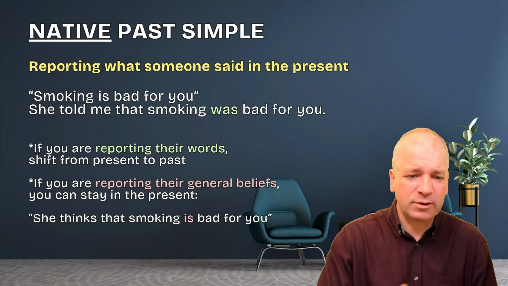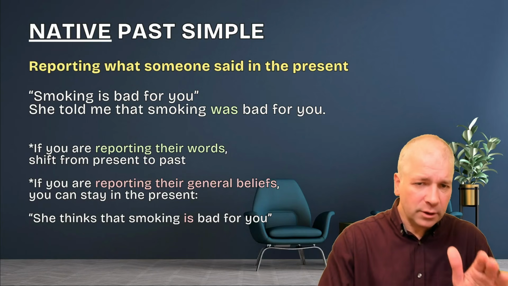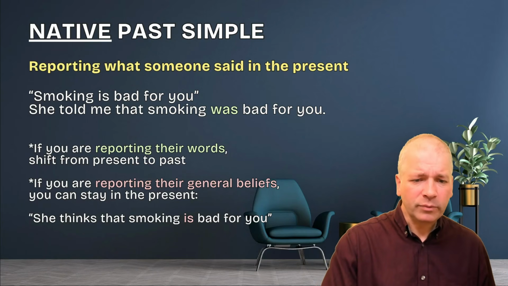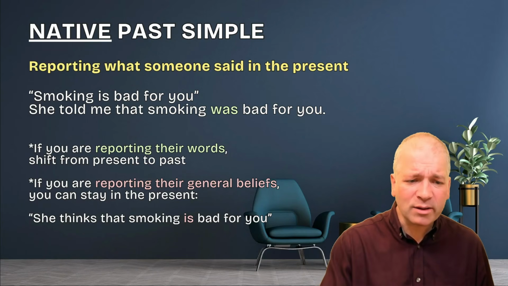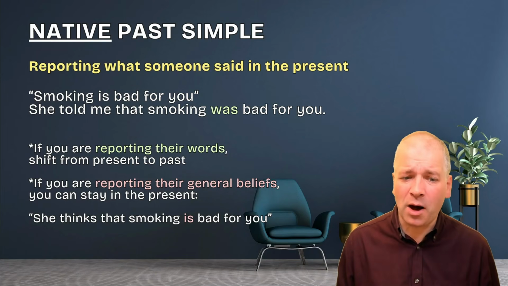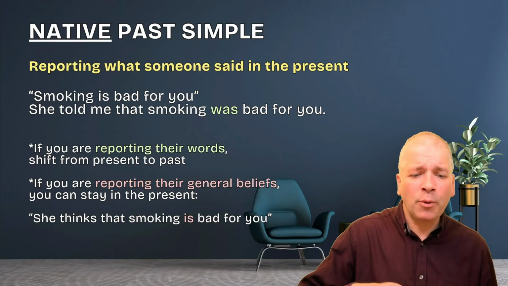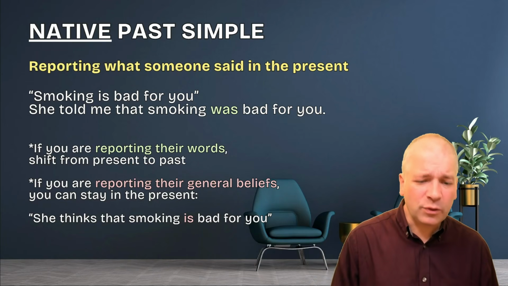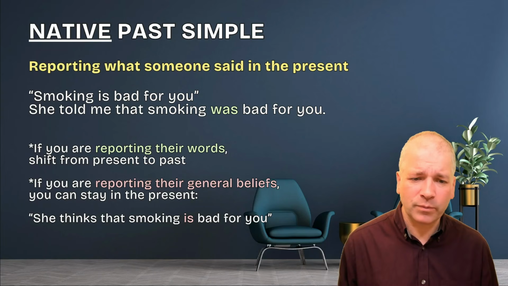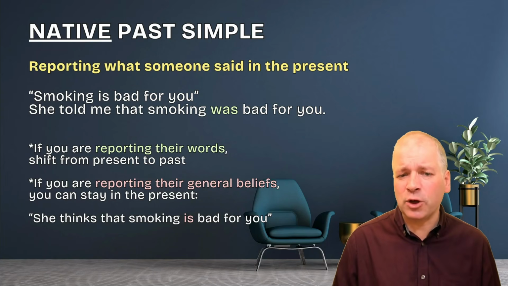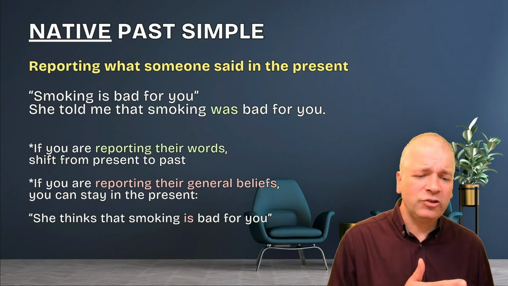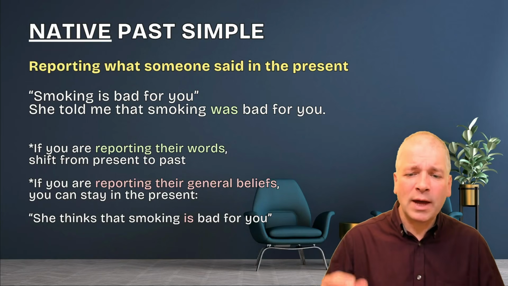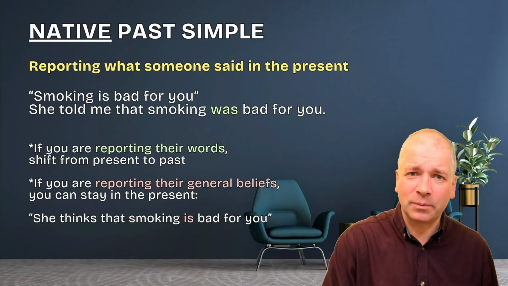We've shifted from the present to the past. But notice the distinction here. If you are reporting their words, shift from present to past. If you are reporting their general beliefs, you can stay in the present. She thinks that smoking is bad for you. She told me that smoking was bad for you. That's what she said. She thinks that smoking is bad for you. That's what she believes in general.